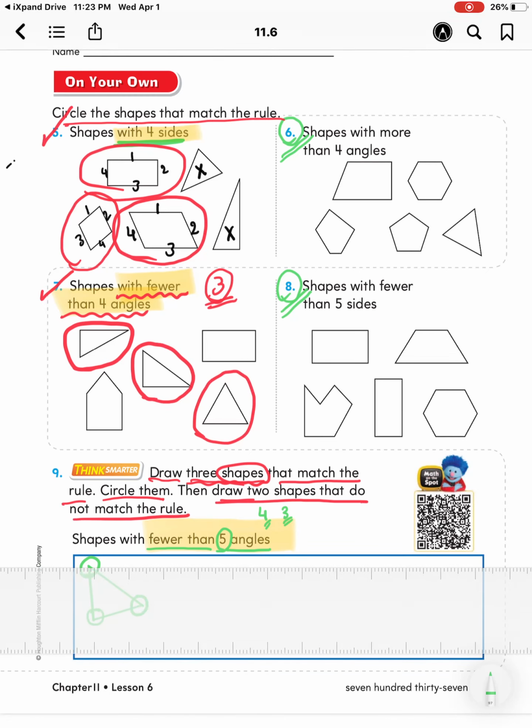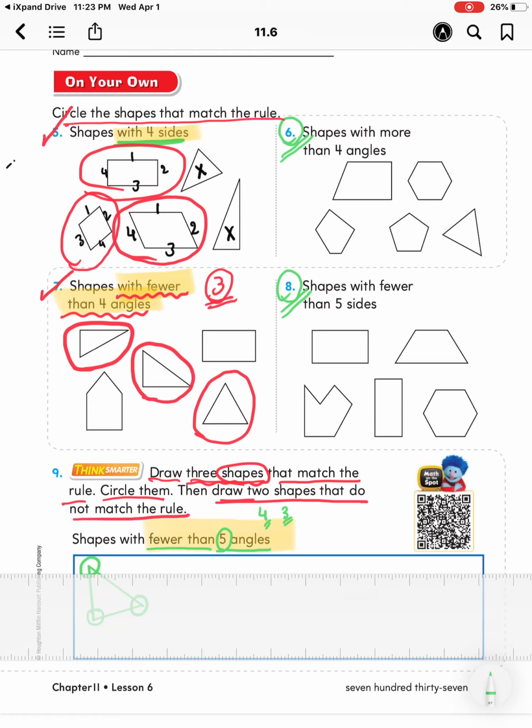Okay. Now we want to draw a shape with 4 angles. Actually, a shape with 4 angles should have how many sides? 4 sides.